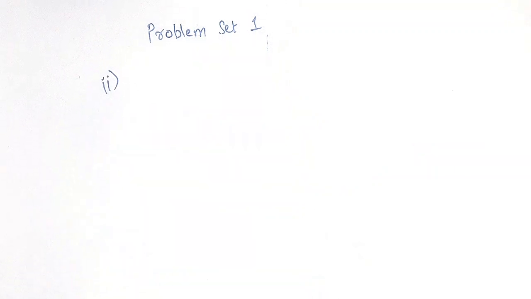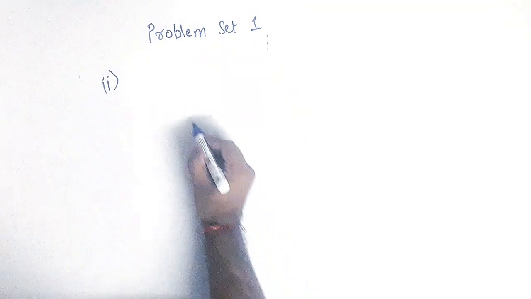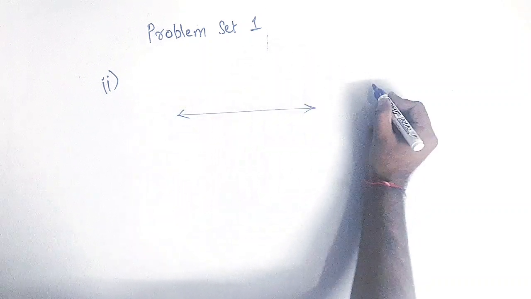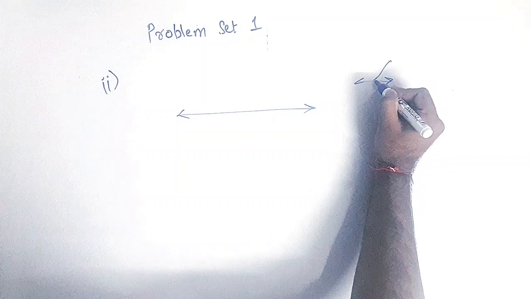The second one says that if the angles in a linear pair are congruent. You know, angles in a linear pair look like this.